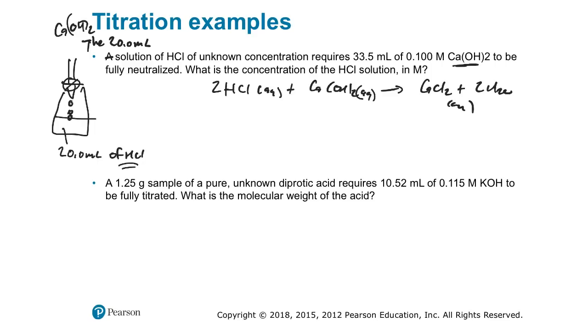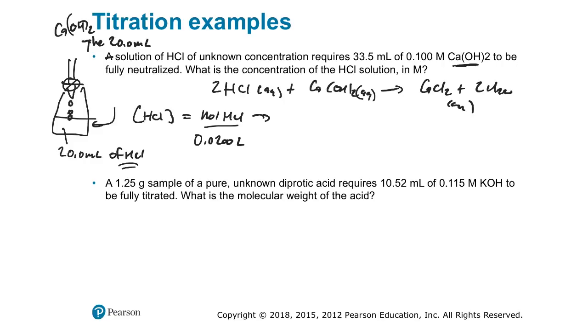Okay, so the way we can work this problem out is to recognize that we're trying to solve for the concentration of HCl in this solution before we even begin adding the calcium hydroxide. So we want to know the concentration of HCl. Well, that's the moles of HCl in that solution divided by the volume of that solution. It's 20 milliliters, so it's 0.0200 liters. Now the moles of HCl, I need to use stoichiometry to figure that out.